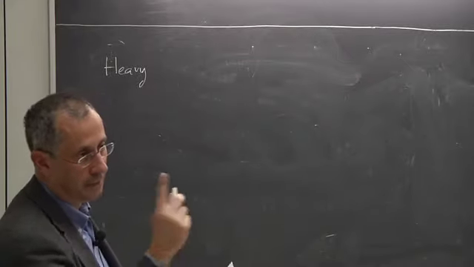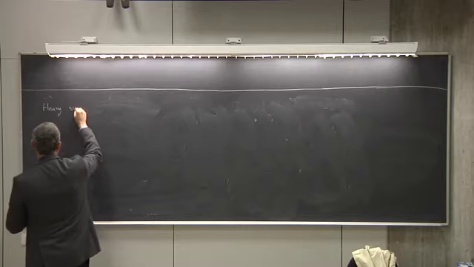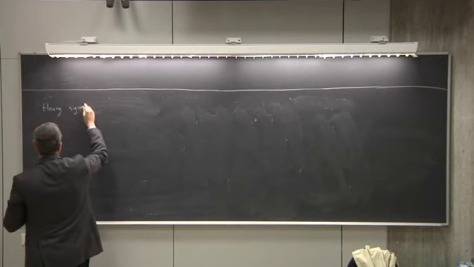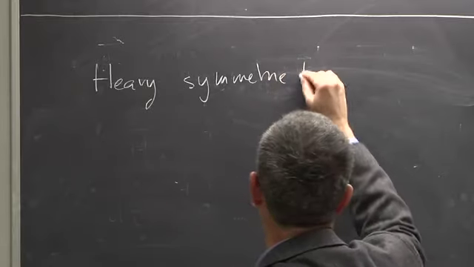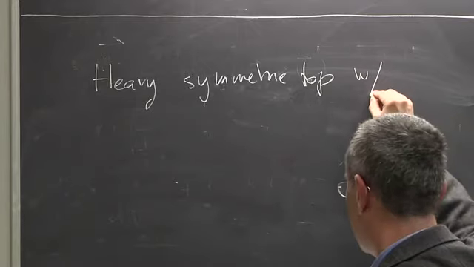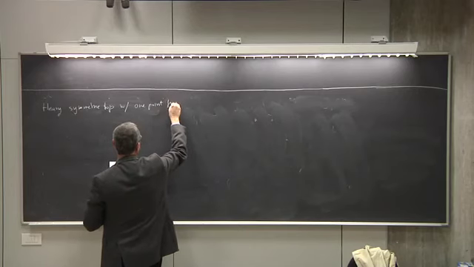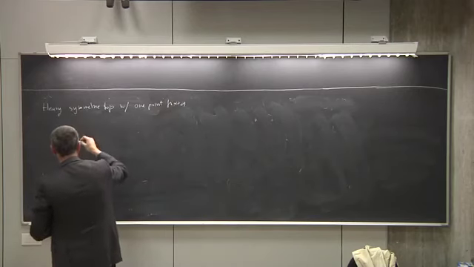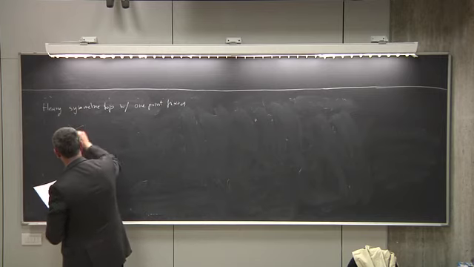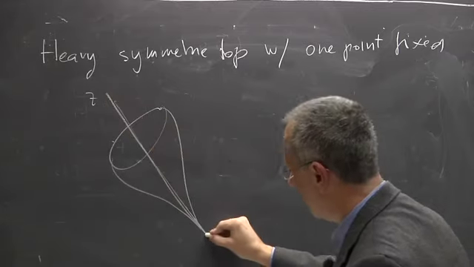It has an axial symmetry. So it's called the heavy symmetric top. So this would be a gyroscope, but I put it with one point fixed. Again, I'm not very good at drawing, but it's something like this. This is the axis of symmetry, which I call Z. Here's the fixed point.